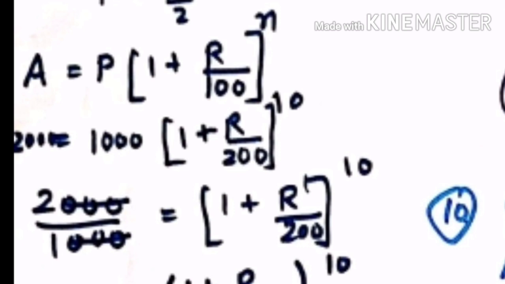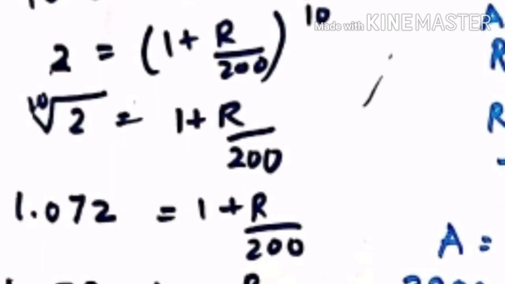Now 2000 divided by 1000 is equal to (1 plus R by 200) power 10. As you can see, 3 zeros get cancelled top and bottom. Next step, only 2 remains, equal to (1 plus R by 200) power 10.